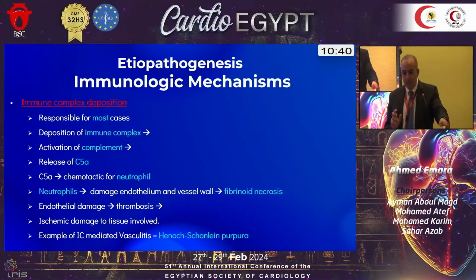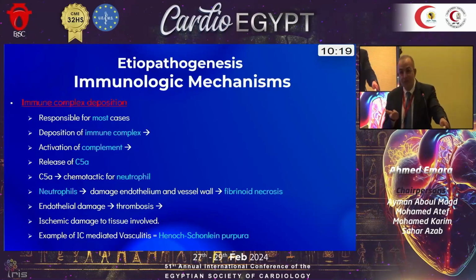Of the immunologic mechanisms causing vasculitis, immune complex deposition is responsible for most cases. It starts when an allergen attacks the body. So the immune system responds to this allergen by formation of what's called immune complex.